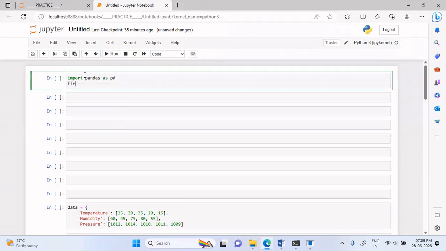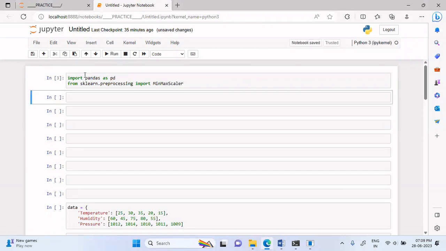Also, from sklearn.preprocessing import MinMaxScaler. These are the required libraries to do min-max normalization on a dataset.